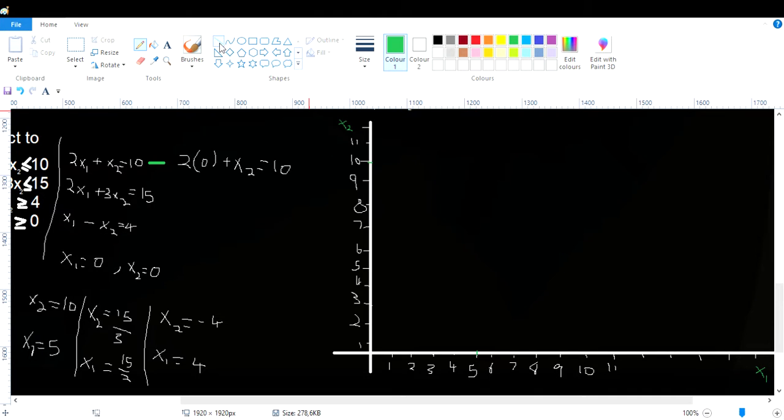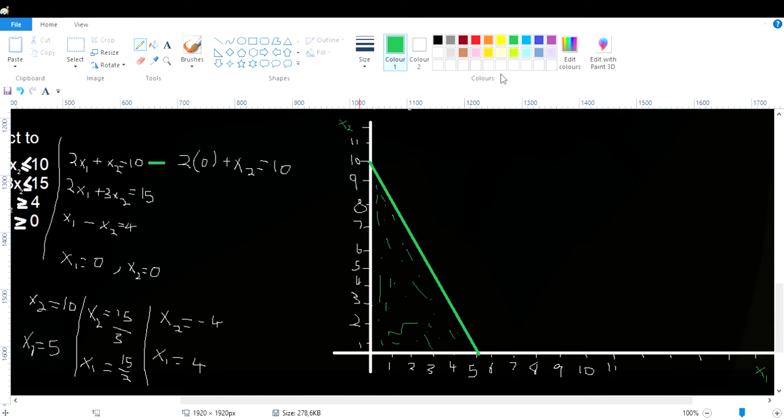Then we have a straight line here. And I'm going to shade this area green.